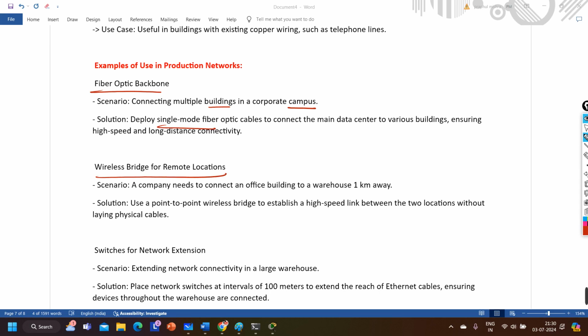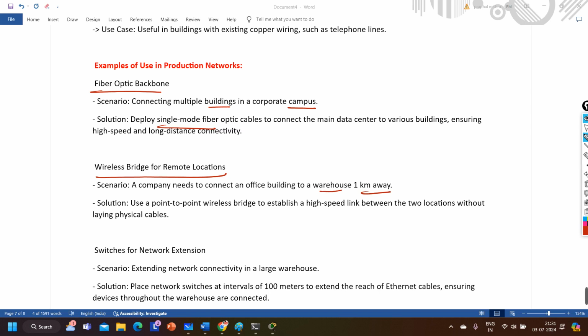Then a wireless bridge for a remote location. A company needs to connect an office building to a warehouse that is 1 kilometer away. See, in the city, guys, again, in the city, laying cable is complicated, right?